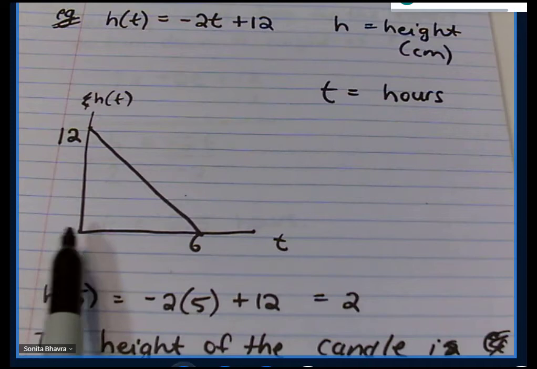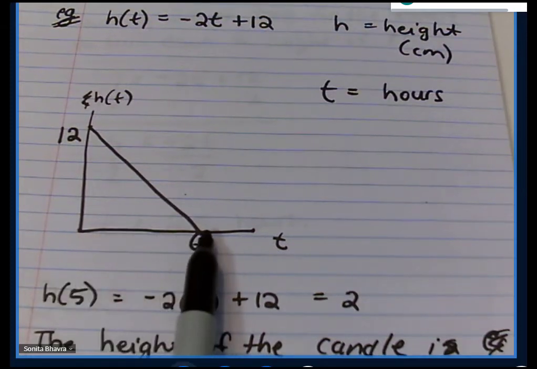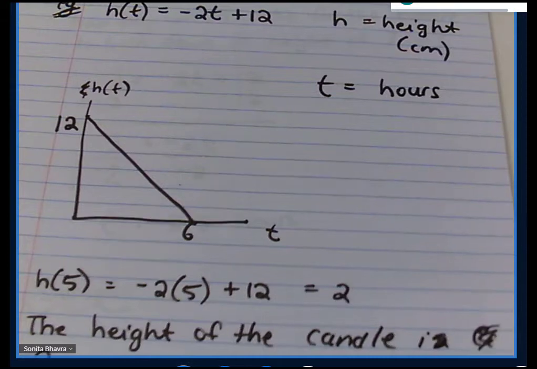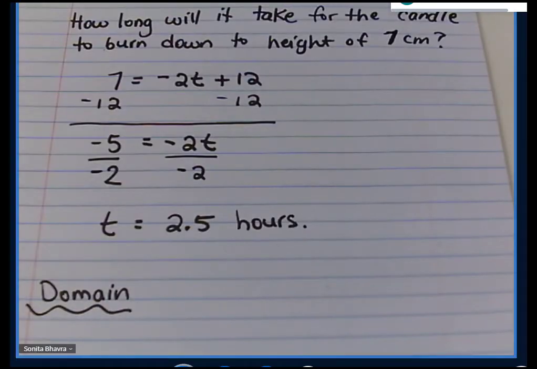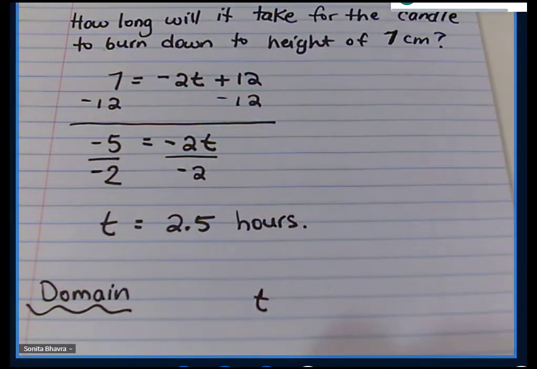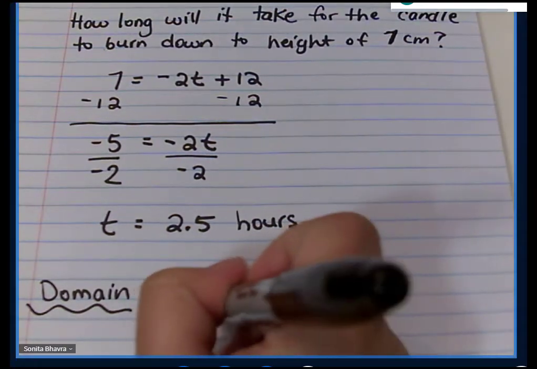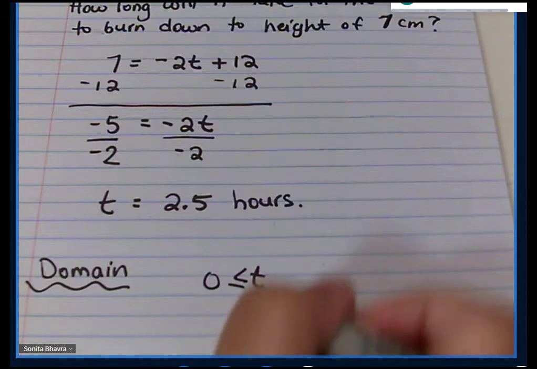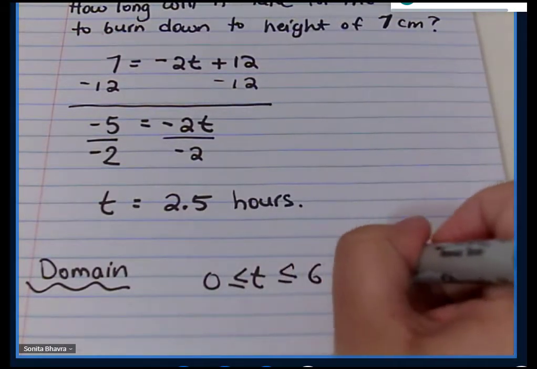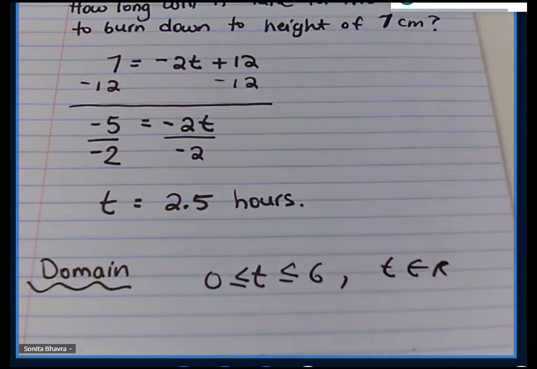So our domain is going to be from 0 to 6 hours. All right, so our domain we would write as t is going to be greater than or equal to 0 hours, but it's going to be less than or equal to 6 hours. And then t is the element of real numbers.